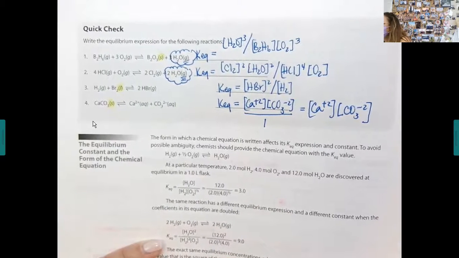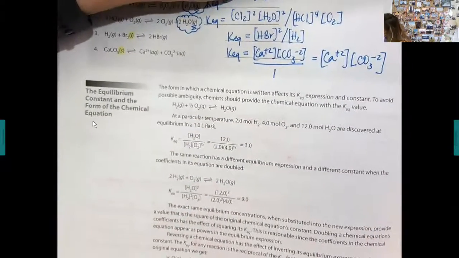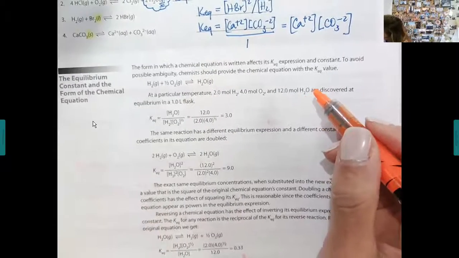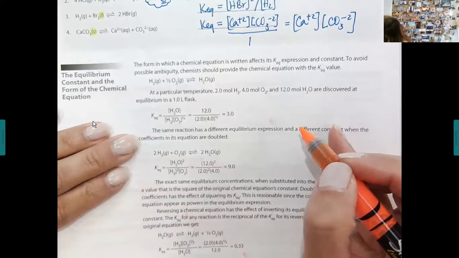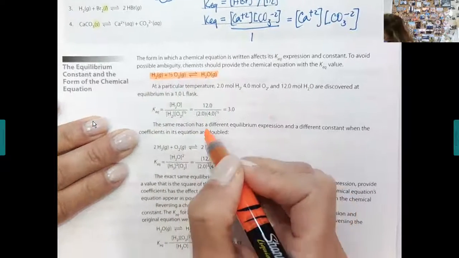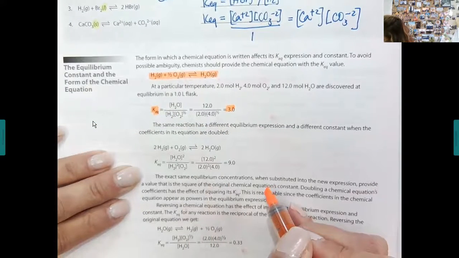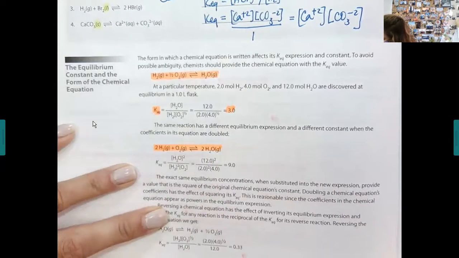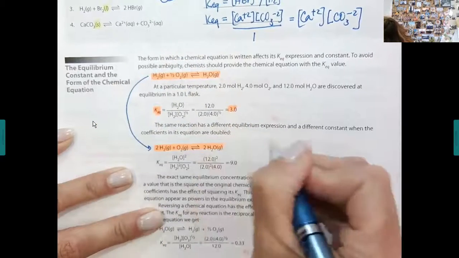Okay, let's go on to the equilibrium constant in the form of the chemical equation. When you're looking at this reaction here, the KEQ value is 3. But what if I take that same reaction and we double the coefficients?